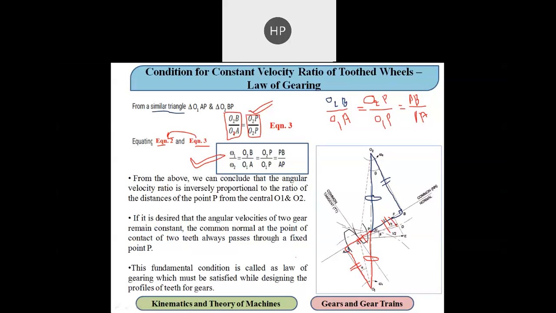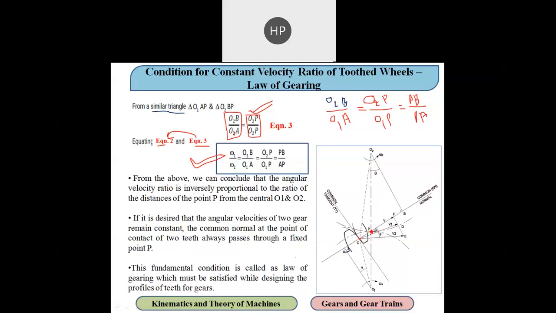As we already discussed in the terminologies of the gear, this point P is a common point. P is the common point on the pitch circle of these two circles. So this is the pitch point.